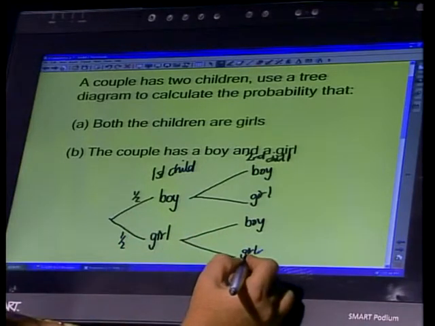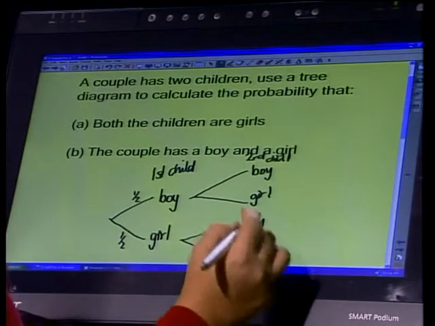Those are my possibilities if I've got 2 children. Obviously, if I had 3 children, I'd have a lot more possible combinations, but we're just focusing on 2 children at the moment.